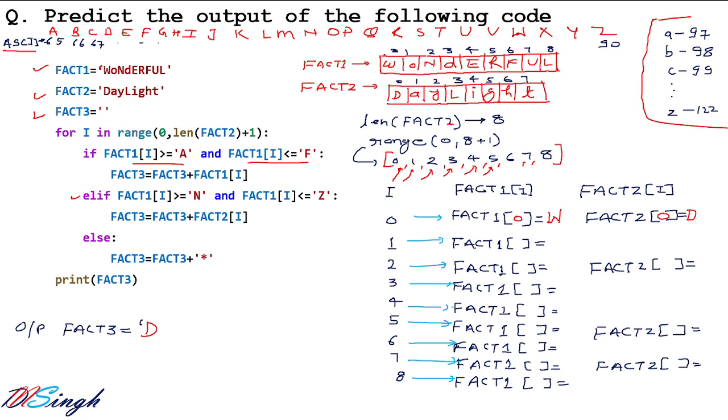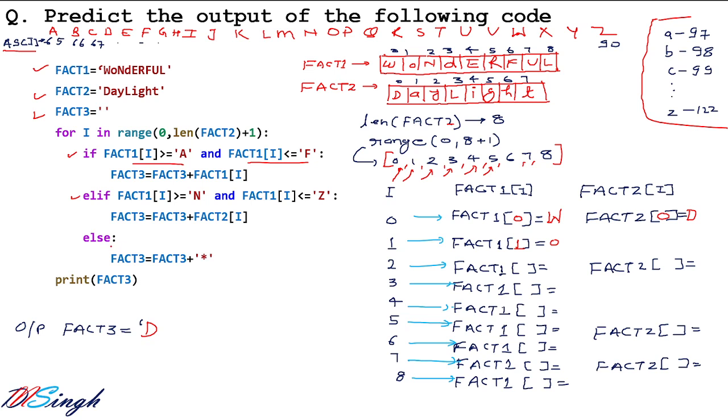In the next iteration, the value of i becomes 1. Then what is the value of fact1 at index i? That is small o. Small letters start from 97, and the highest value of capital Z is 90. So you are not going to satisfy either the if or the elif, and you have to go to the else part.